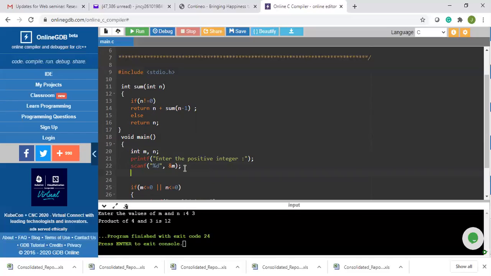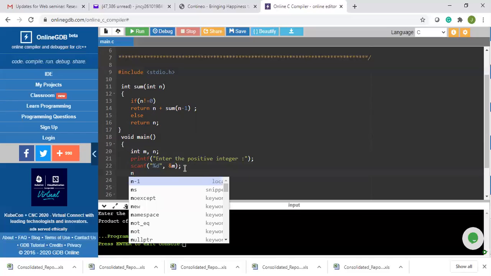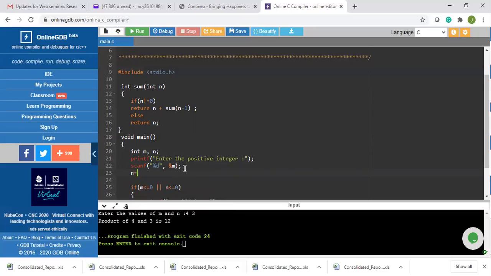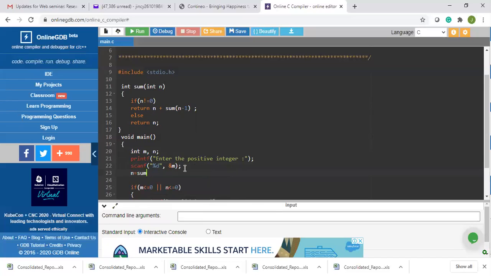So the result, we will be taking it as n is equal to sum of m.